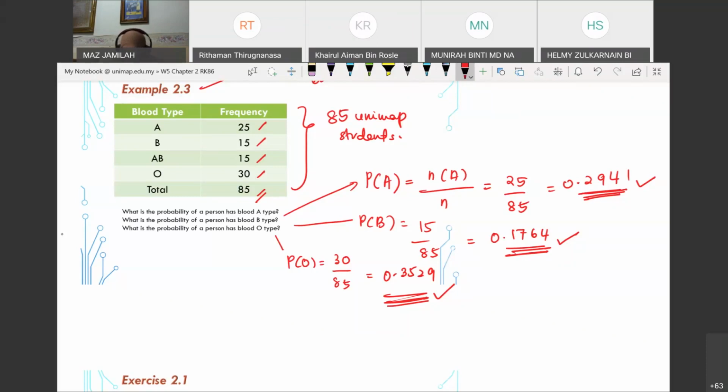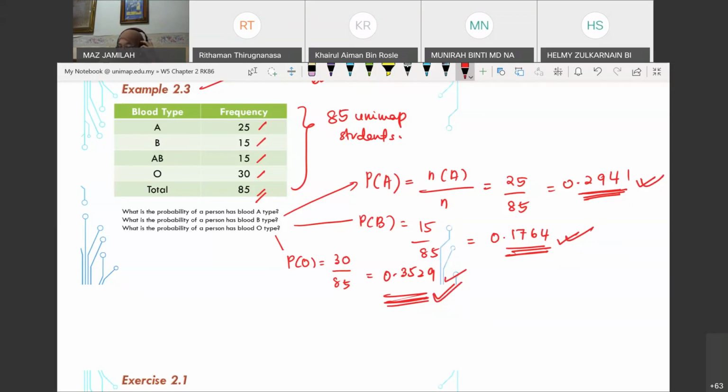Now, what can you observe from these 30 students with the probability of having blood type O? Other than that, what are the observations that you can make from these particular values? What else? What can you observe?